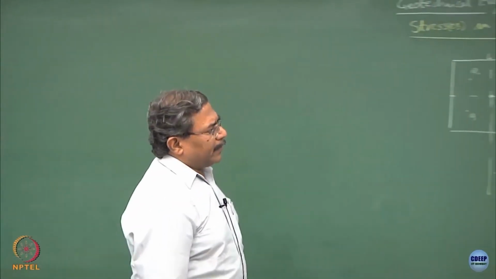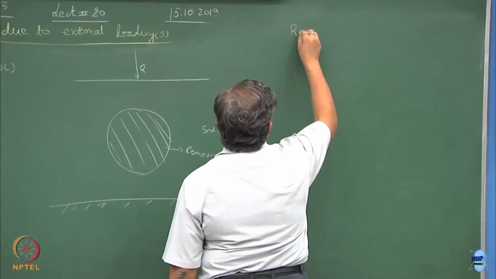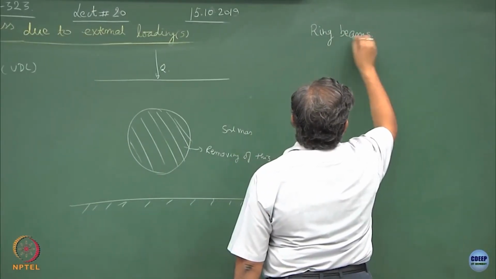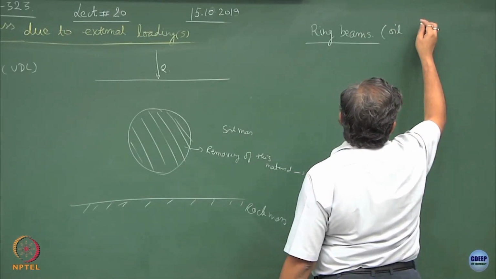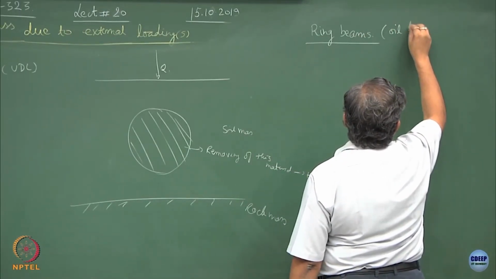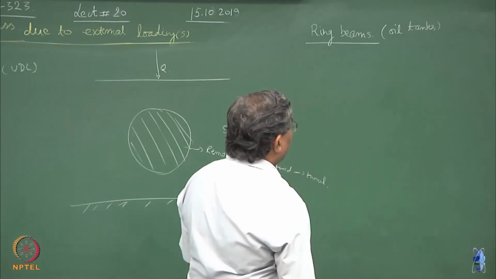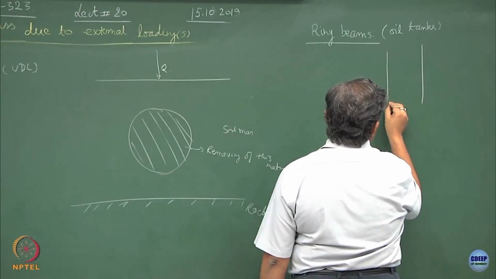But suppose, we were talking about the ring beam, if you remember, for the oil tanks. So, in plan the oil tanks would look like this, you must have seen, I am sure.